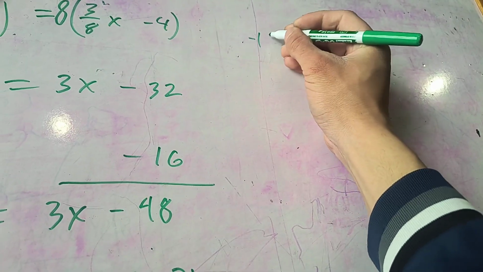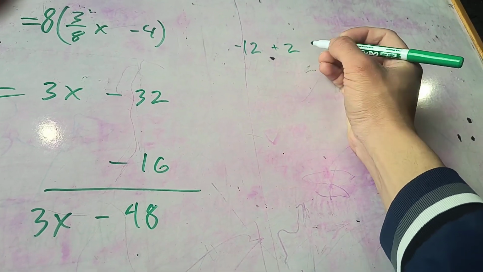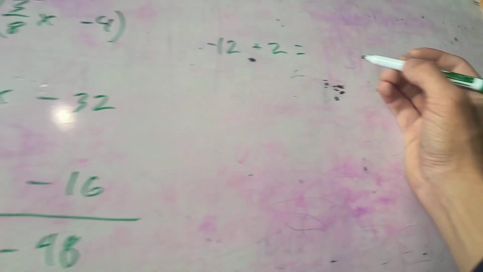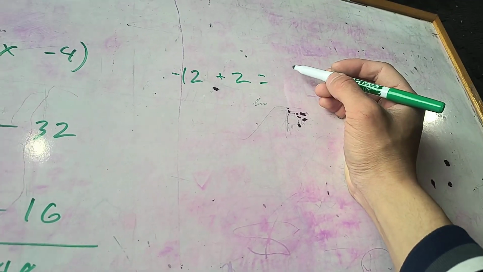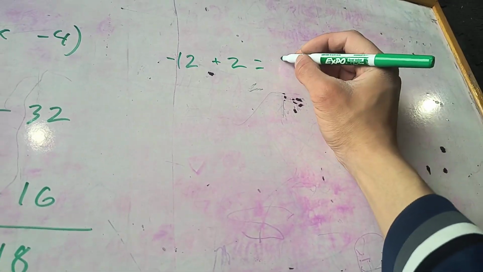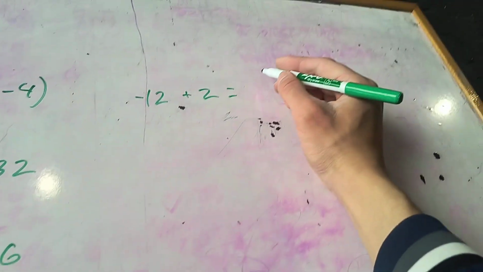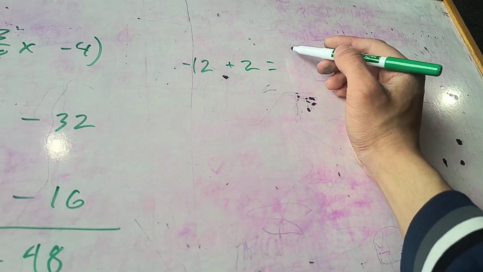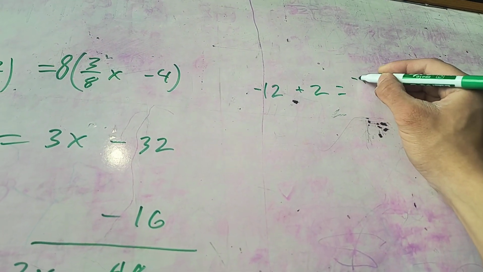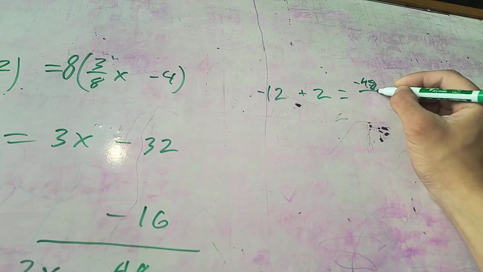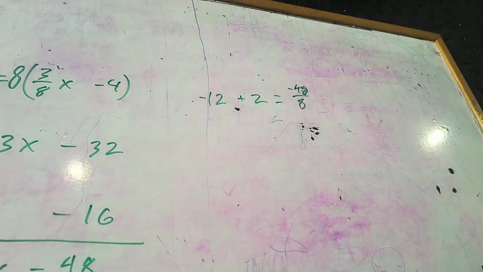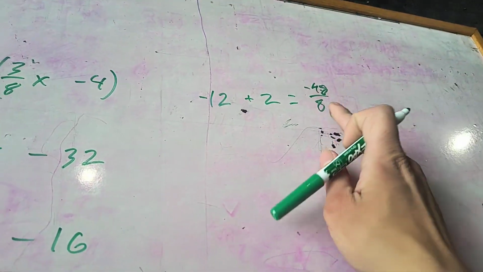So we have negative 12 plus 2 is equal to 3 over 8 times negative 16. 3 times negative 16 is again negative 48. Negative 48 divided by 8 is negative 6.